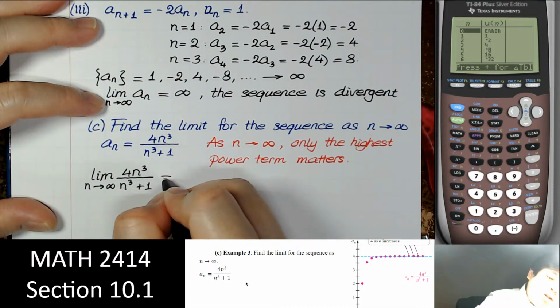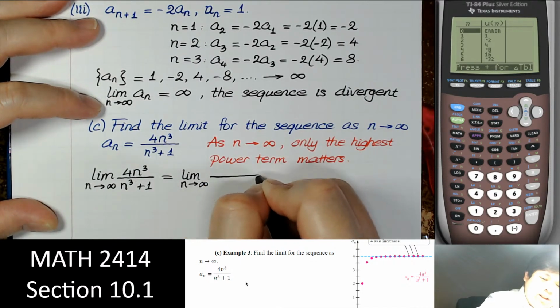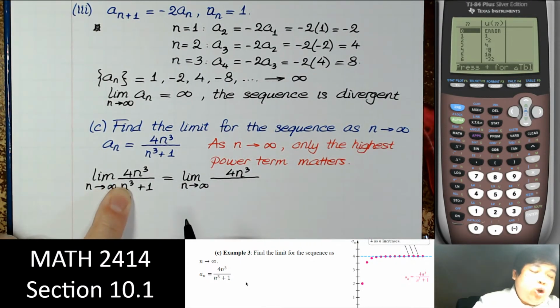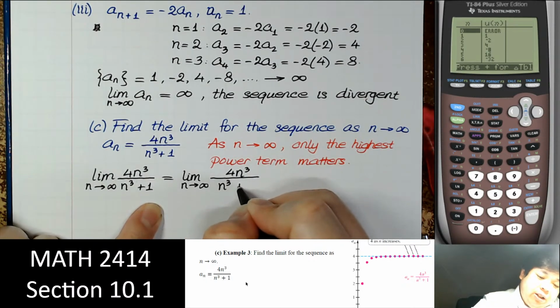So in this case, when we say about the limit of this one, since n goes to infinity, infinity cubed plus 1, infinity plus 1 is still infinity.